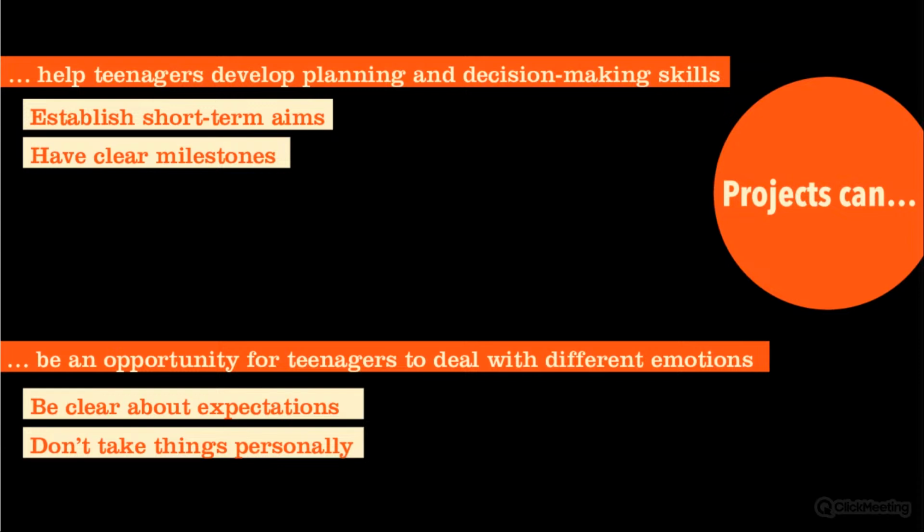And something that we can do to help them plan for a project, for example, is to establish milestones, to have short-term goals. So by this day, you need to have defined which book, taking the idea of the book, right, you're going to talk about, you're going to use in your project.